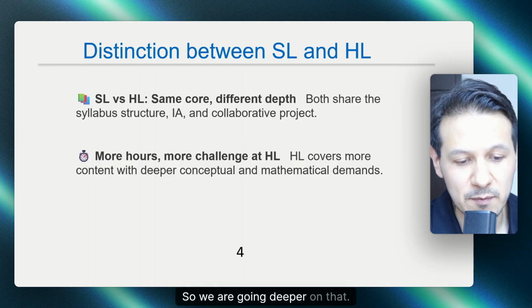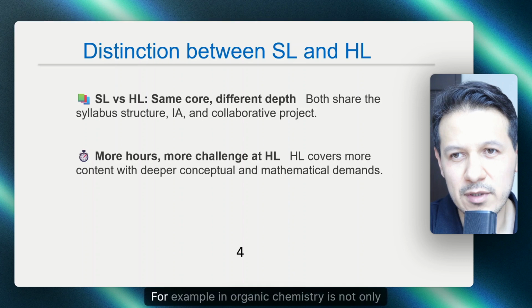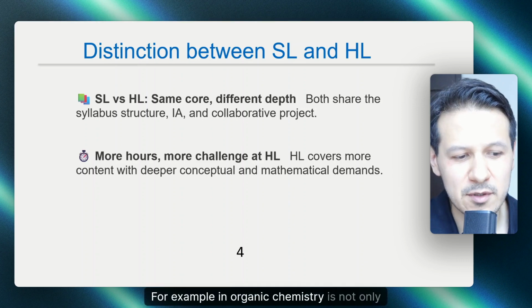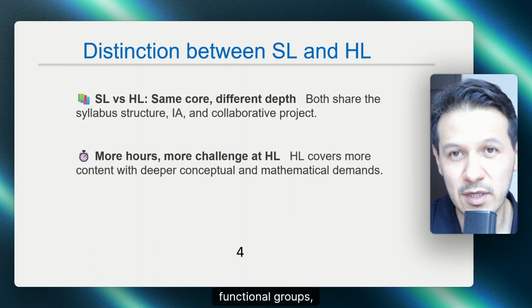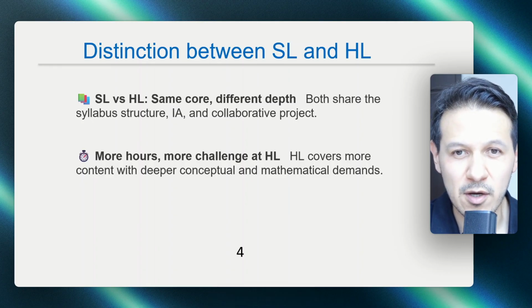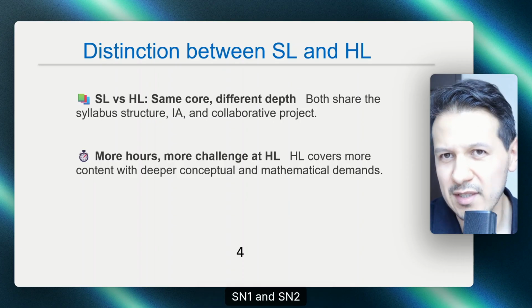So we are going deeper on that. We will talk about more mechanisms. For example, in organic chemistry, it is not only the general functional groups, but we will talk about different mechanisms of reaction, SN1 and SN2.